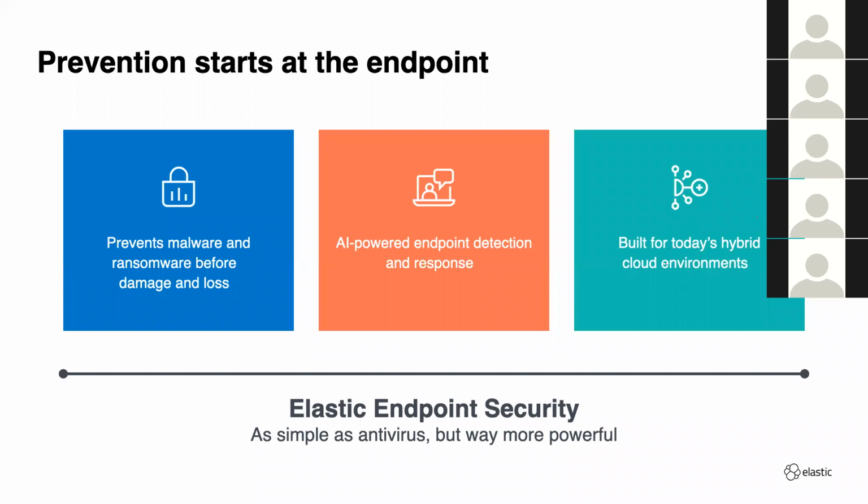Elastic Endpoint Security enables us to perform prevention, detection, and response, all with one agent across nearly the entire scope of typical IT systems. So we can install this agent on Windows, macOS, or Linux, with different versions. So we will not face any problem or have any blind spots about our hosts.